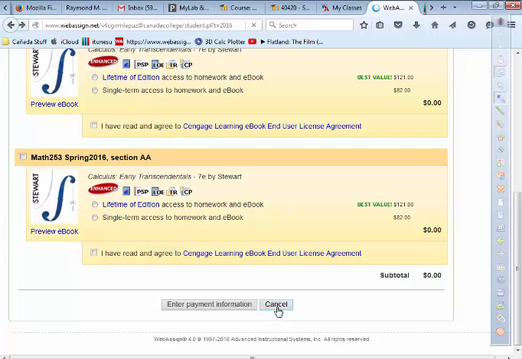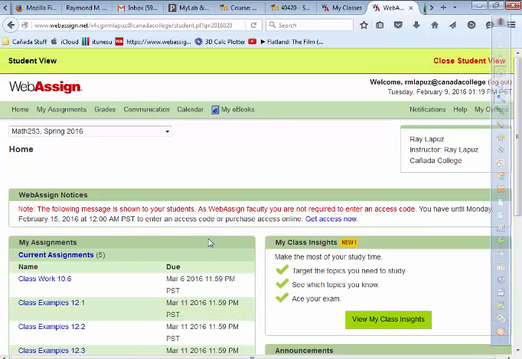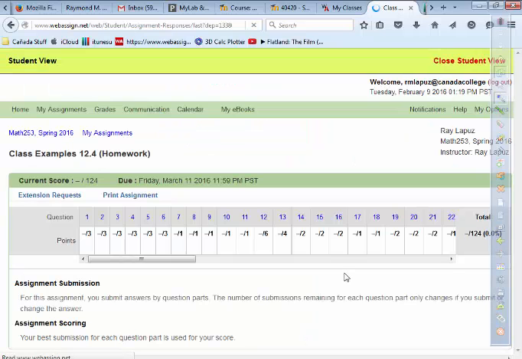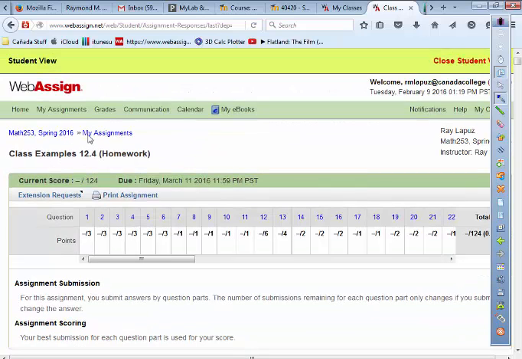Let's see what kind of problems they have here in this section. Oh, this is a cross product already. Let's go back.